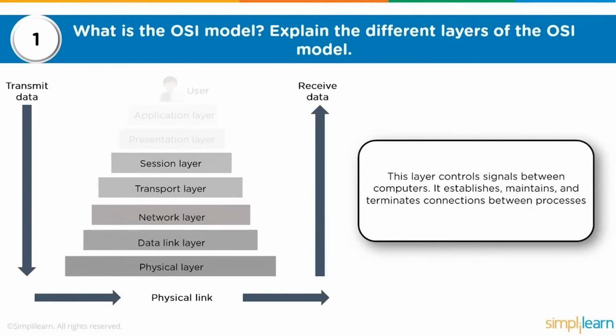This controls signals between the computers. It establishes, maintains, and terminates connections between processes. In the transport layer, we talked about TCP and UDP. UDP being a connection-less protocol where data is just transmitted without verifying whether the receiver received that data or not, whereas TCP, we studied, is more of a reliable protocol.